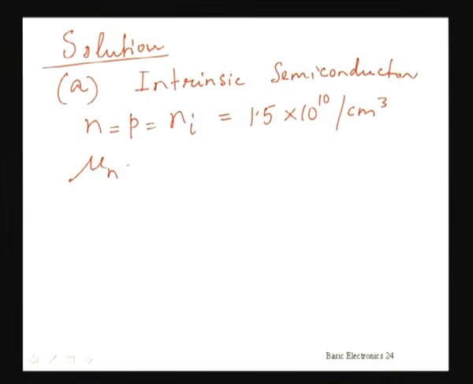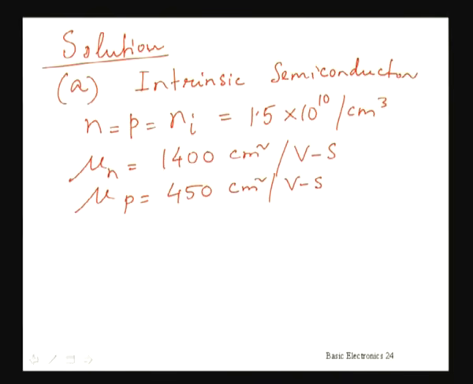Electron mobility is given as 1400 centimeter square per volt second. Hole mobility is given as 450 centimeter square per volt second. And the charge of an electron is of course not given, but you should know this value, which is 1.6 into 10 to the power minus 19 coulomb.